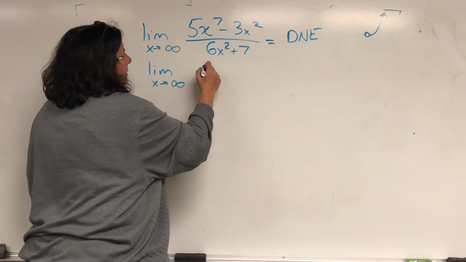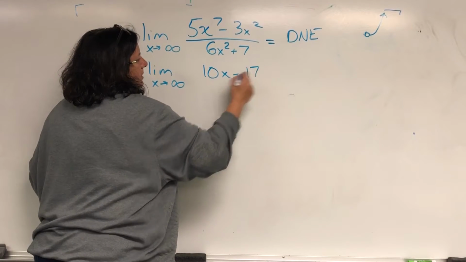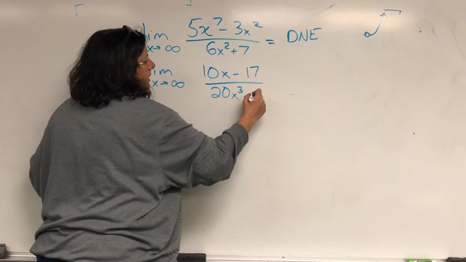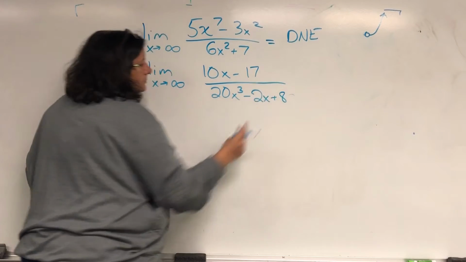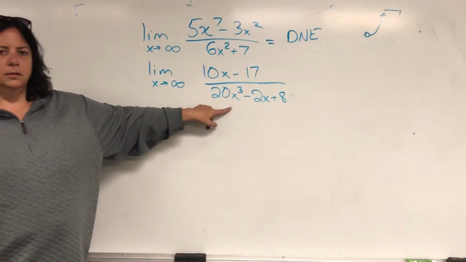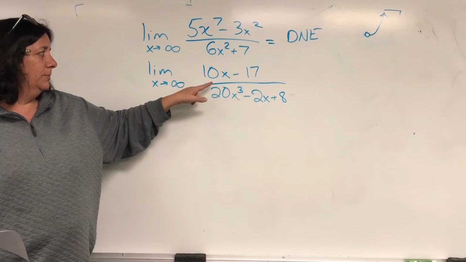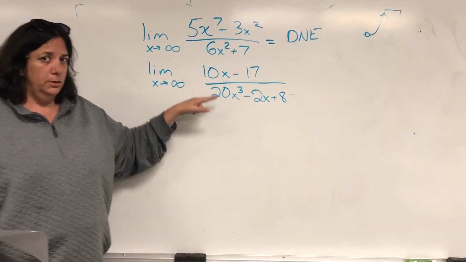What if I have 10x minus 17 over 20x cubed minus 2x plus 8? In this case, the denominator is much bigger. So the denominator is going to keep getting bigger and bigger and bigger, and you're going to have numerators that are proportionally much smaller, right?